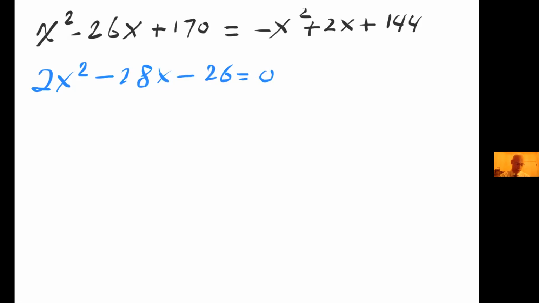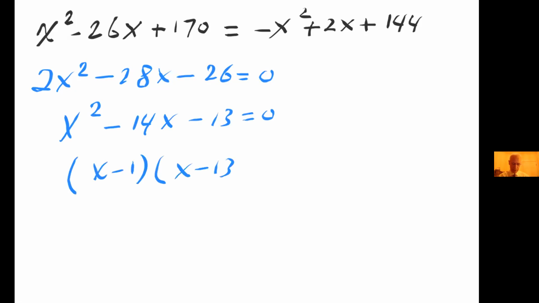Divide everything by 2. I get x to the second minus 14x minus 13 equals 0. So x minus 1, x minus 13 equals 0. So the points of intersection are at x equals 1 and x equals positive 13. So the points of intersection are from 1 to 13.